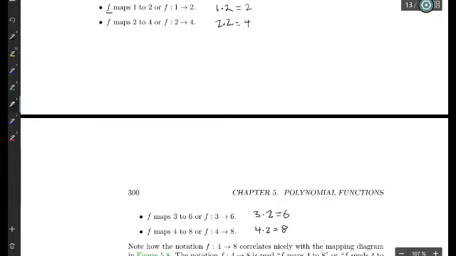So notice that the pattern seems to be that, given some number in the domain, you get the element it is paired with in the range by multiplying it by 2.